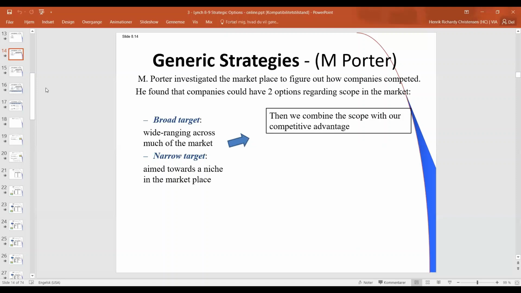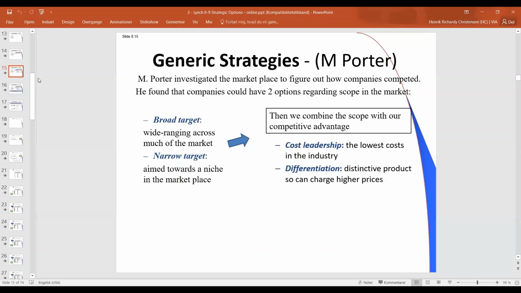His research showed him that a company could follow a cost leadership strategy, which means they would have the lowest cost in the industry and also offer low prices to their customers. If we look at Coca-Cola and we agree they have a broad target, is that what they are doing? Do they go for low cost leadership?